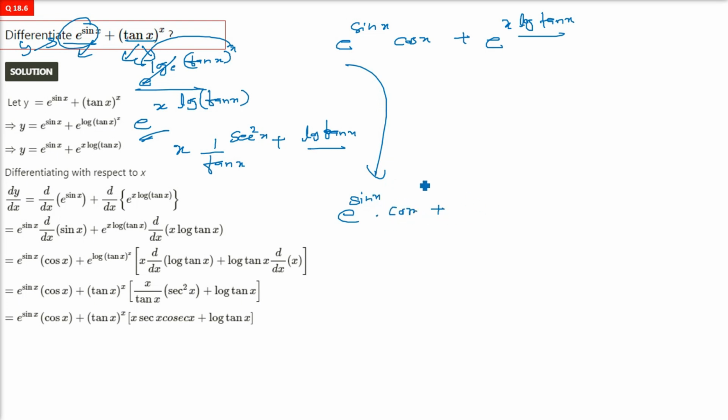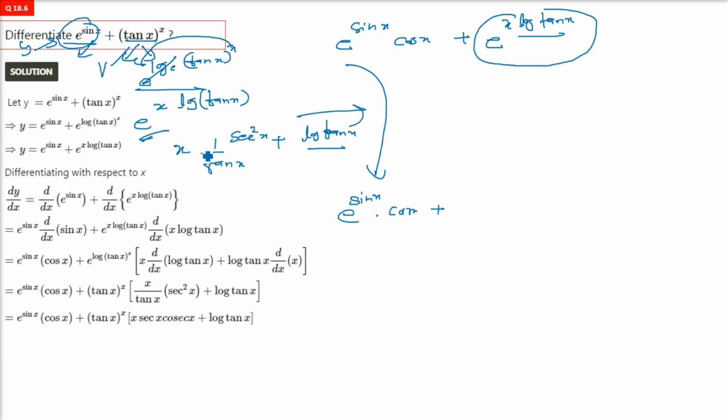And for tan x to the power x, what will the result be? This will remain like that. But see, tan x to the power x was written by us as e to the power x log tan x, so that can easily be transformed back into tan x to the power x, because that was the actual thing we started with.